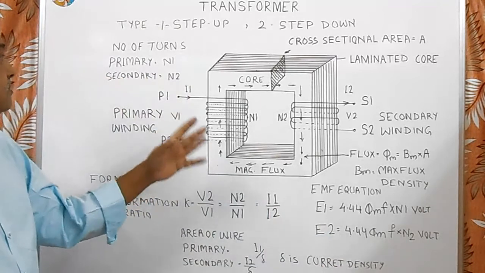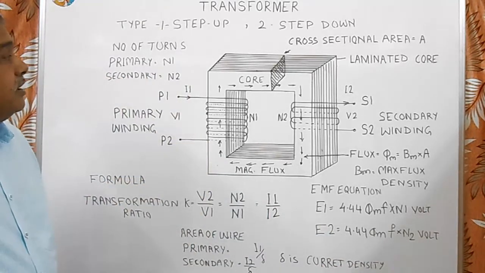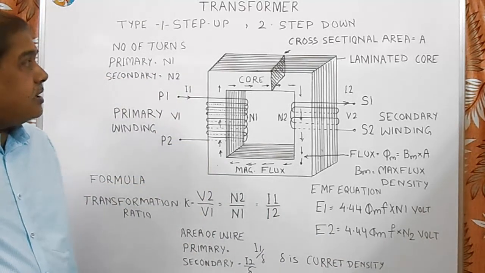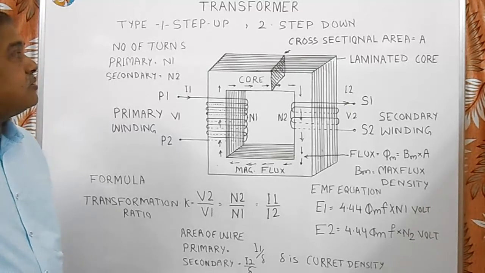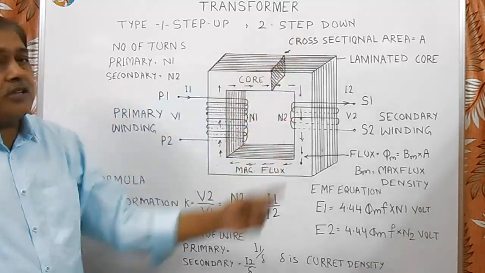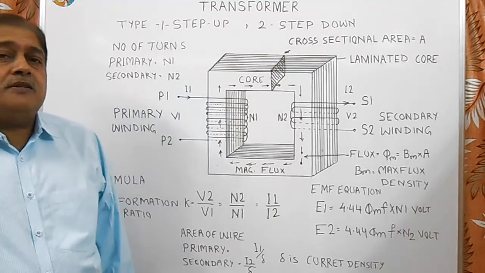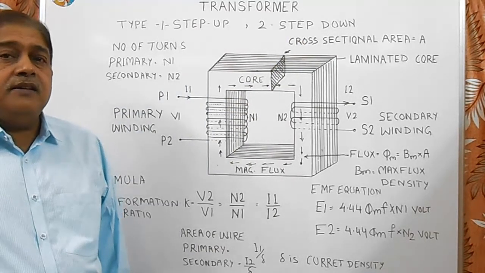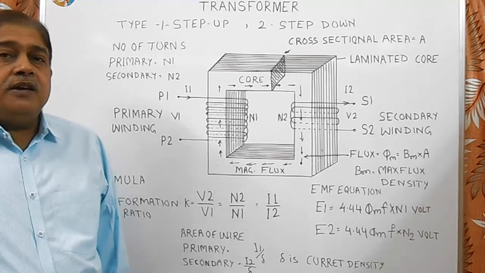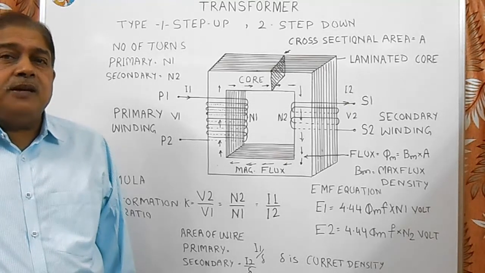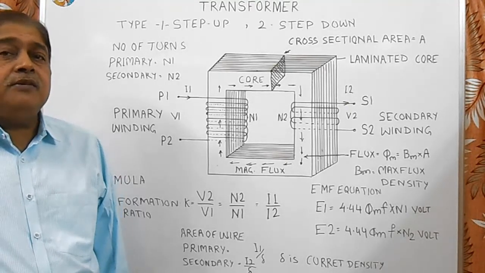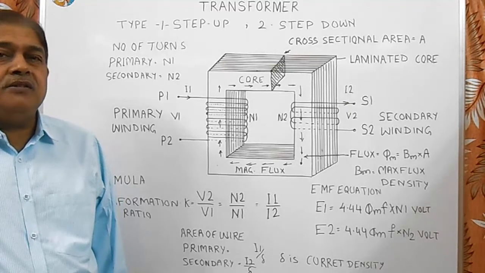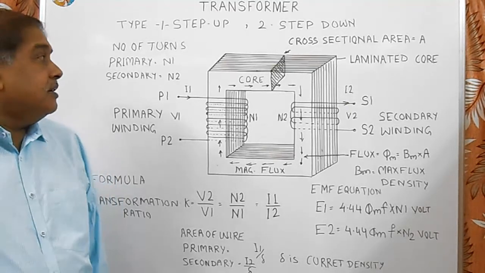This is the calculation part of this machine, and there are two types of transformer. One is step-up transformer and second is step-down transformer. In step-up transformer, the input voltage is low and output voltage is high. For example, we can step up the voltage from 11 kV to 220 kV in power transformers at the power stations.